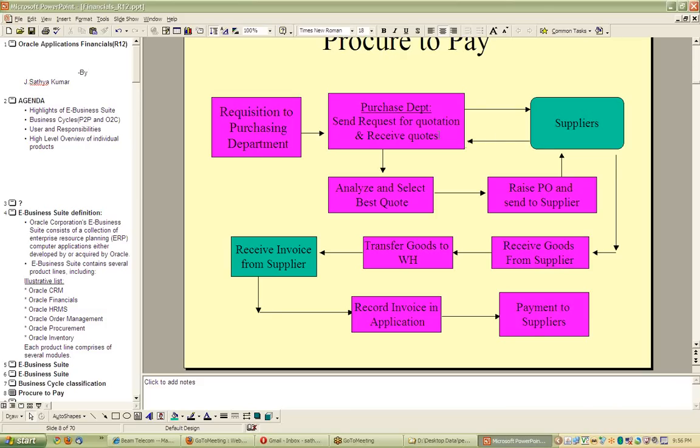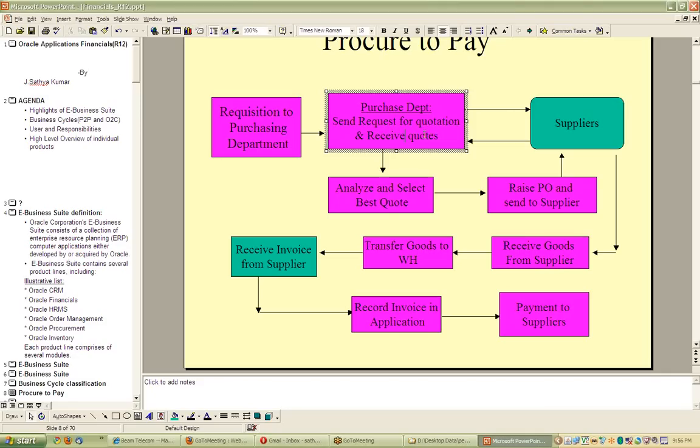So that is this arrow, it is coming back. Having received the quotes, it's the job of the purchase department to analyze and select the best quotation. There are various factors based on which the analysis is done and the quotation is selected. It can be the quality or the payment terms or a number of reasons.